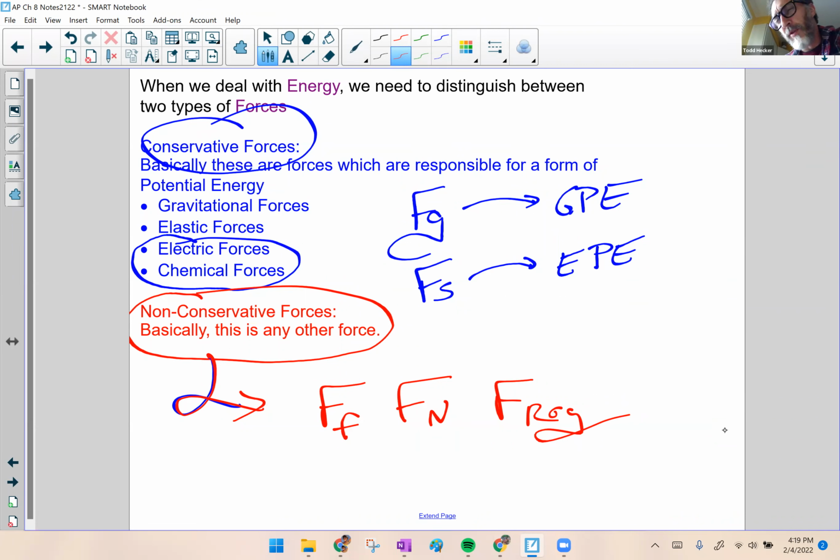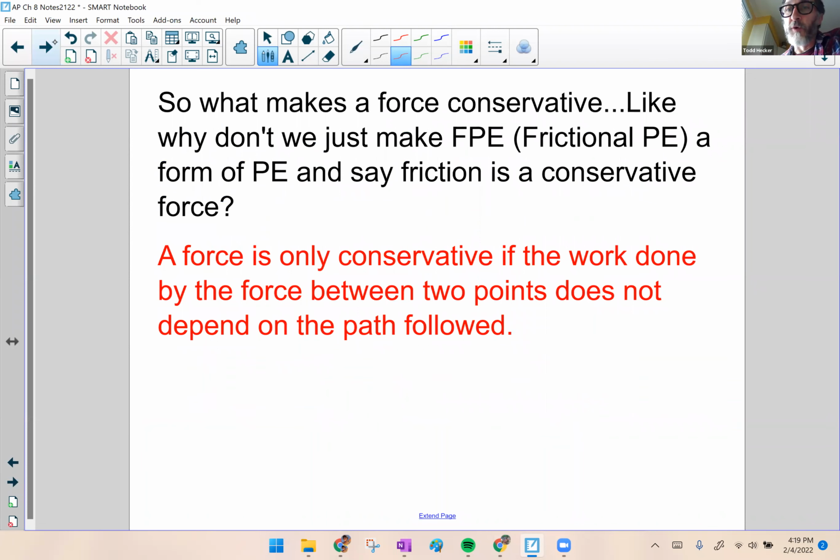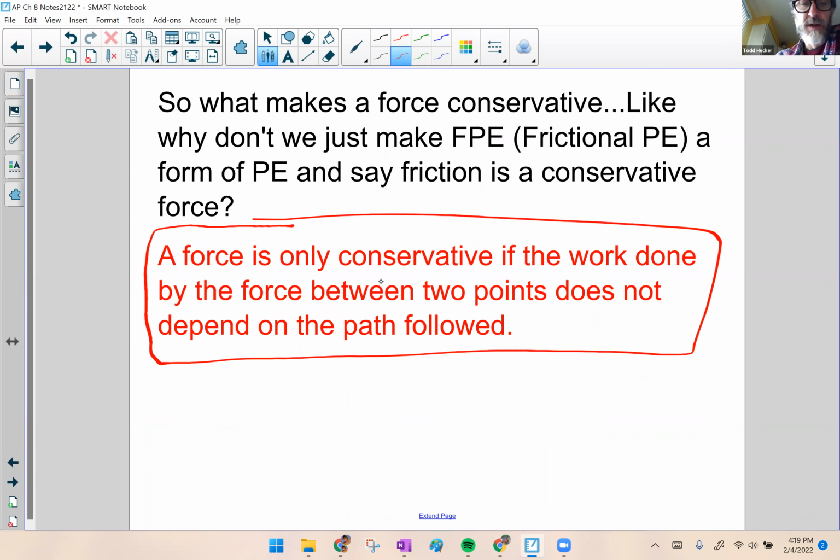A question you might ask is, why don't we just come up with frictional potential energy and then make friction conservative? You can't do that because in order for a force to be conservative, it has to meet this condition. A force is only conservative if the work done by the force between two points doesn't depend on the path followed.